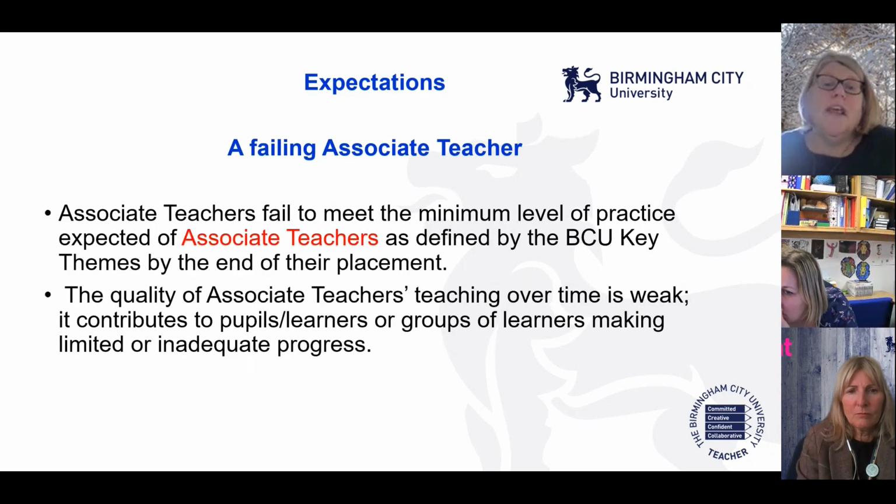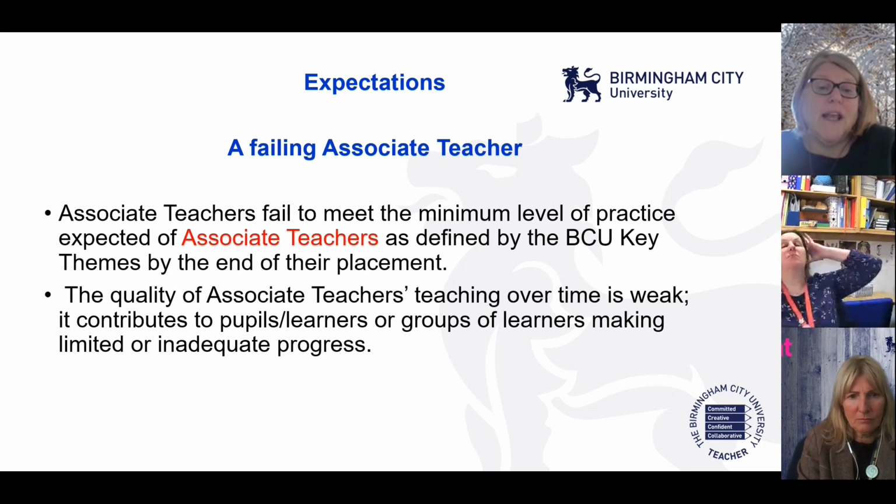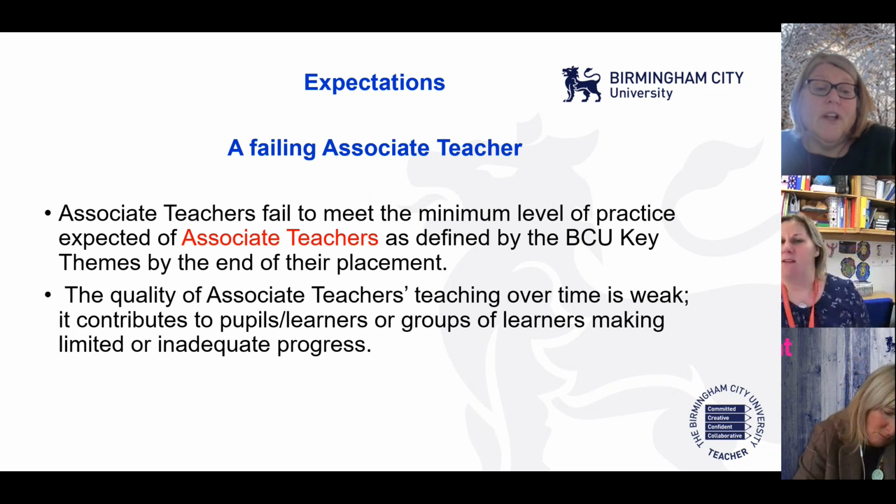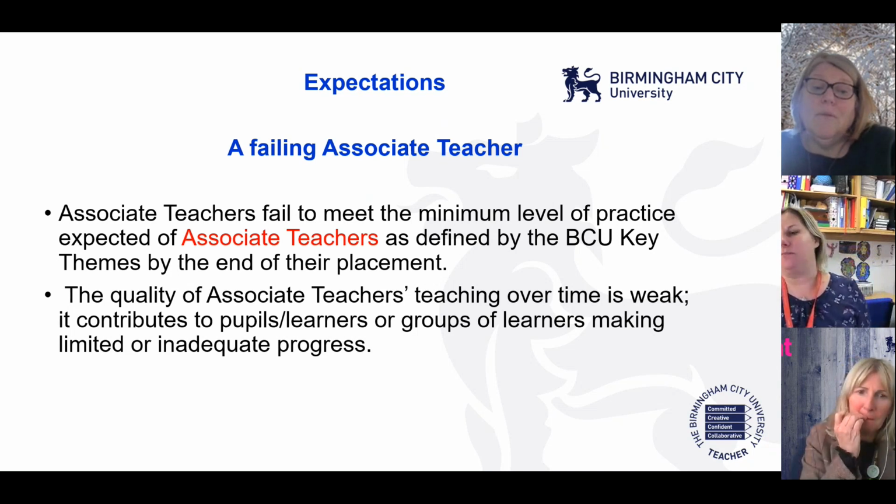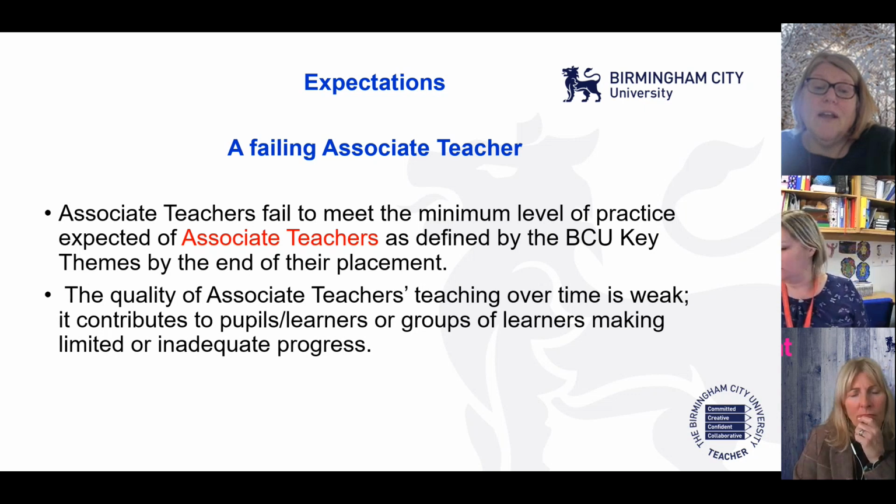So what happens with a failing associate teacher? If they fail to meet those minimum levels of practice expected, defined by the BCU key themes, by the end of their placement, the quality of their teaching over time is weak, and those pupils, learners, or groups of learners are only making limited or inadequate progress, it is deemed as a failed placement.